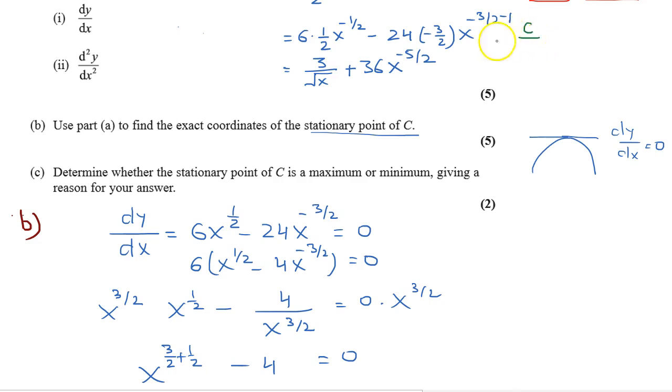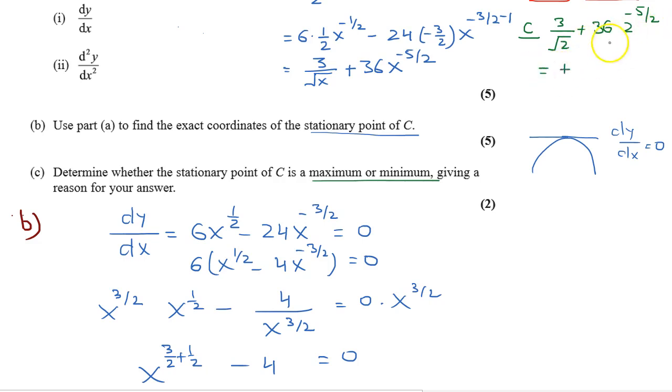Now part C, it asks whether this is a maximum or minimum. So x is equal to 2. So this is 3 over root 2 plus 36, 2 to the power minus 5 over 2.